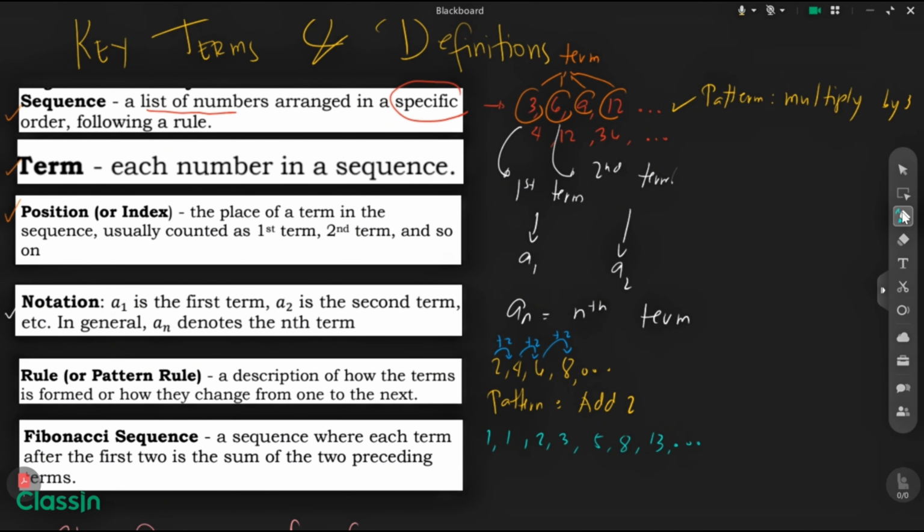That is the example. So here, we add the two preceding terms and we will get 2. 1 plus 1 is equal to 2. 1 plus 2 is equal to 3.